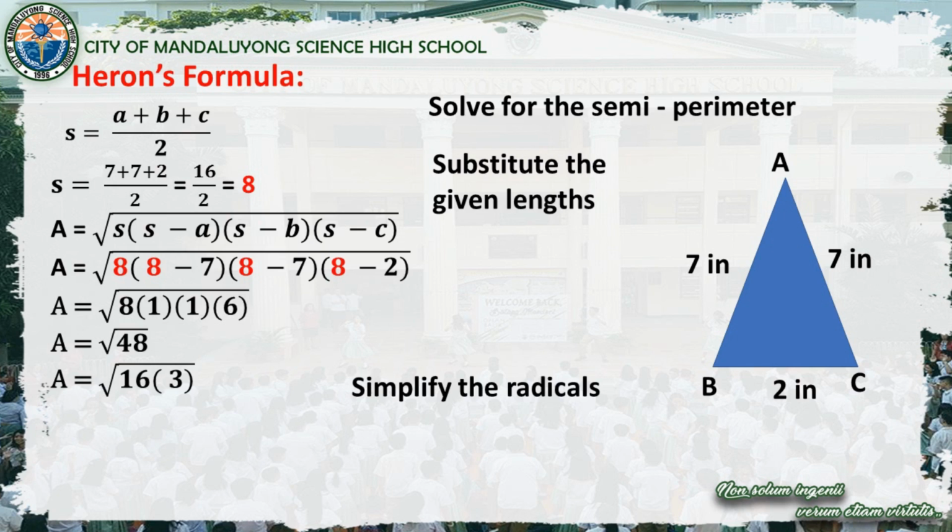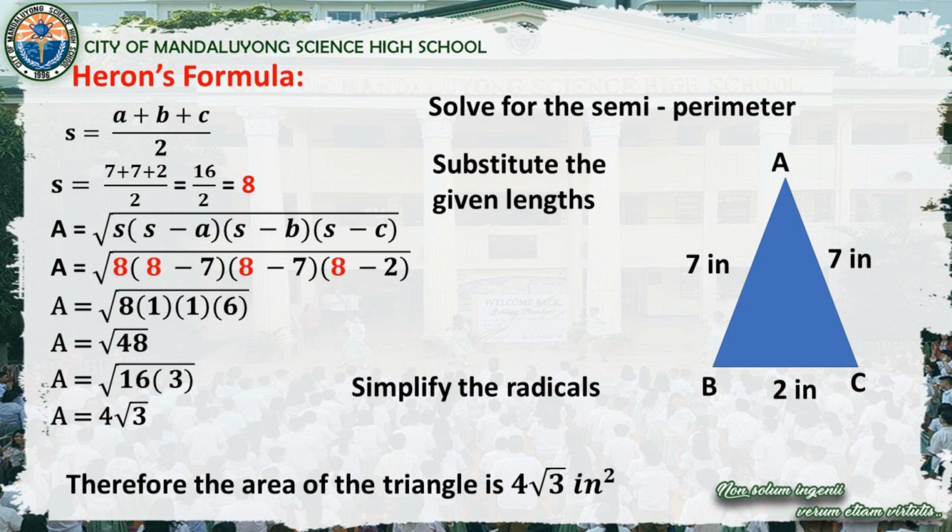So extracting the square root of 16, we have 4, and then just simply connect the square root of 3. So therefore, the area of the triangle given the sides 7, 7, and 2 inches respectively is 4 times the square root of 3 square inches.